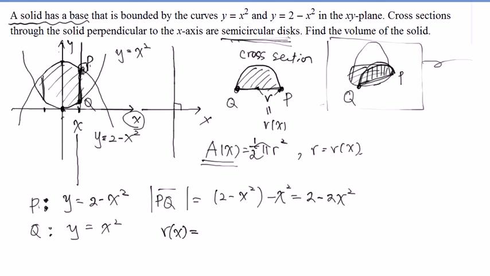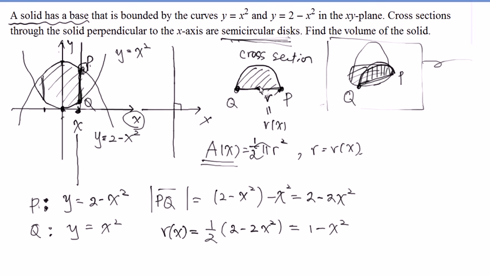So what is RX now? Half of PQ, right? So 1/2 of PQ, which is 2 minus 2x squared. Is that okay? 2 cancels, 1 minus x squared. We got that. The radius of this semicircle we're looking at is 1 minus x squared.